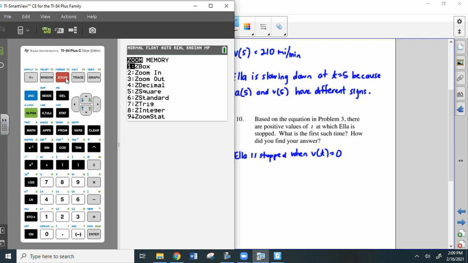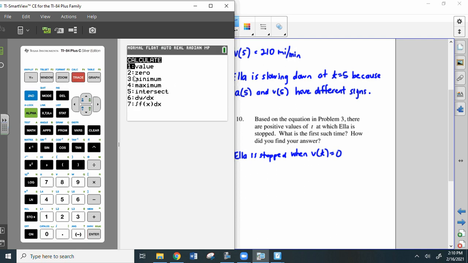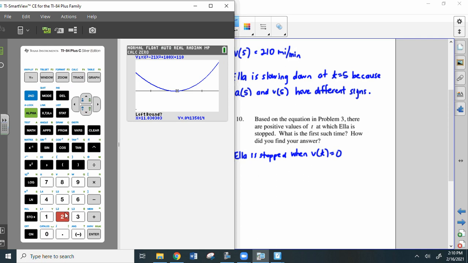You could even zoom in on that space by moving your cursor much closer to that section of the calculator, and then hit enter, and it'll zoom in on that specific spot. All right, and then you can do second trace and actually calculate a zero. Okay, so we need to give it a left bound.